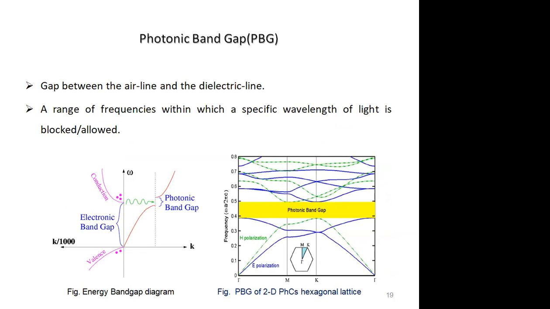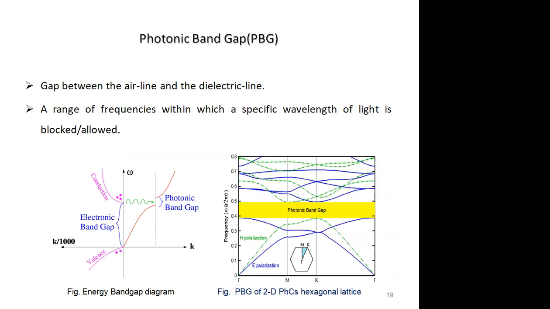If you look at the semiconductor, there exists a gap between the valence band and the conduction band. Similarly, there exists a photonic band gap in photonic crystal. Now, what is the significance of this photonic band gap? If you look at this figure, the yellow color is the photonic band gap.